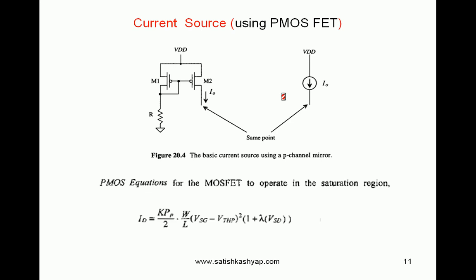And this is the equation when channel length modulation is considered. If it is neglected, lambda will be 0, so that the term will not appear. ID will be equal to KPP by 2 into W by L into (VSG minus VTP) whole square, if channel length modulation is neglected. If channel length modulation is considered, this is the equation shown.